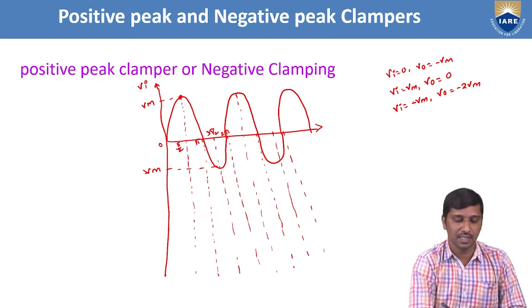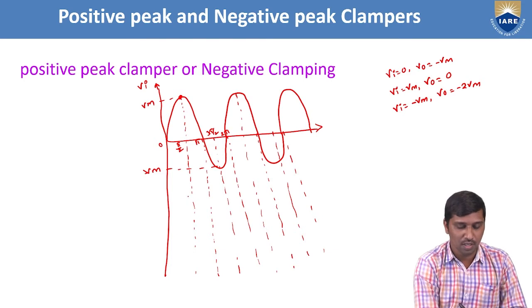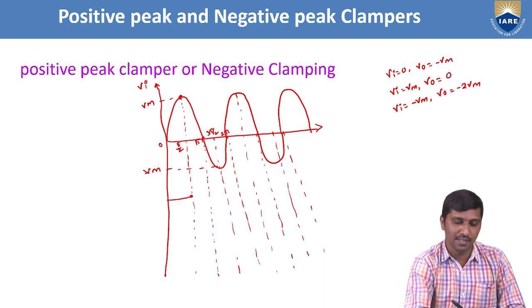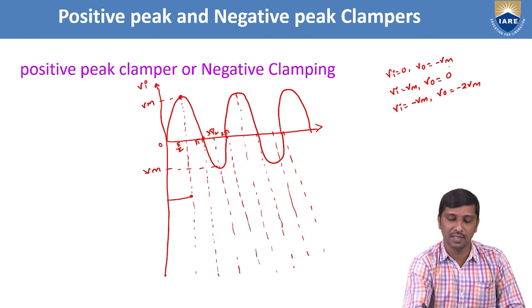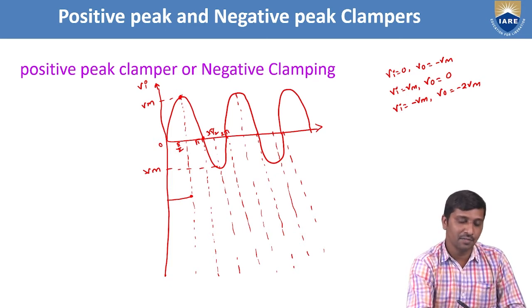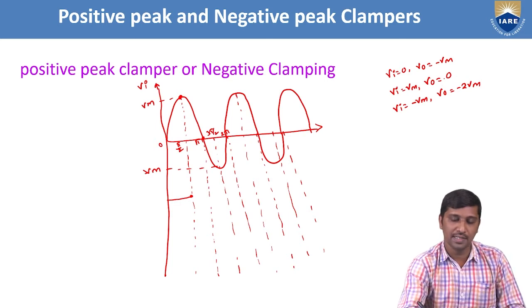Your V0 is represented as 0, means at this point, the output voltage is 0. Now similarly, at this point, Vi is 0, V0 is represented as minus Vm, means when the input signal changes from plus Vm to 0, the output changes from 0 to minus Vm.